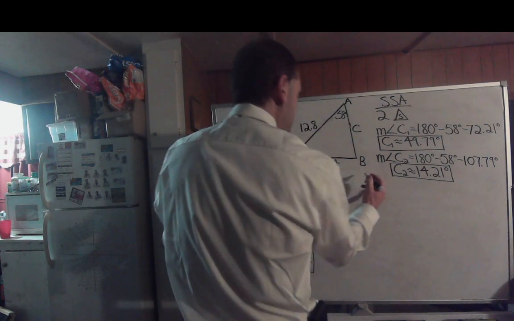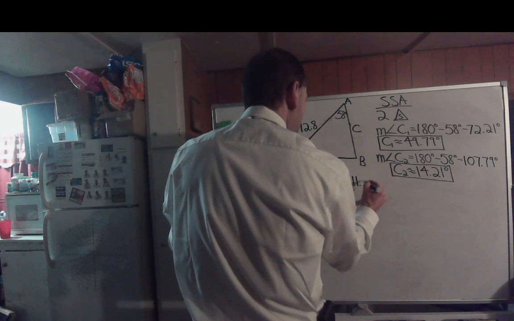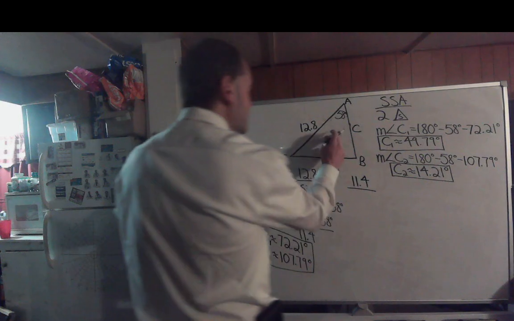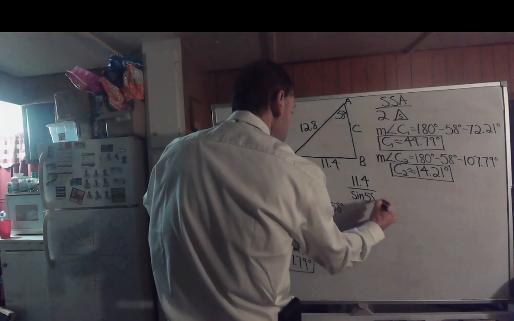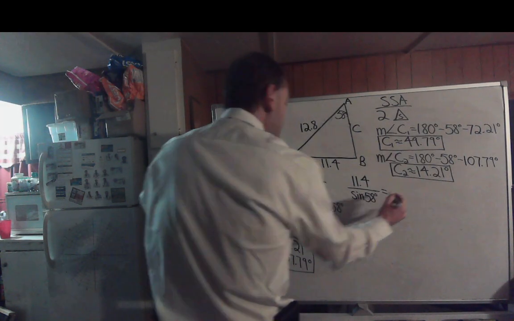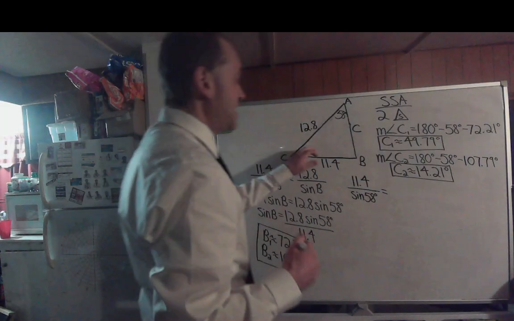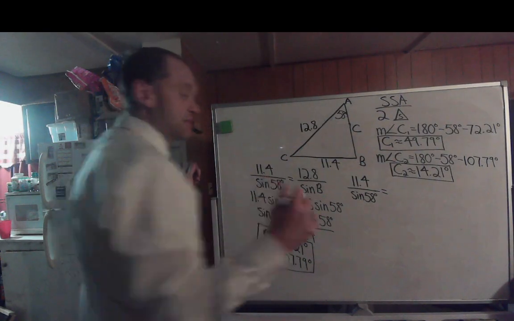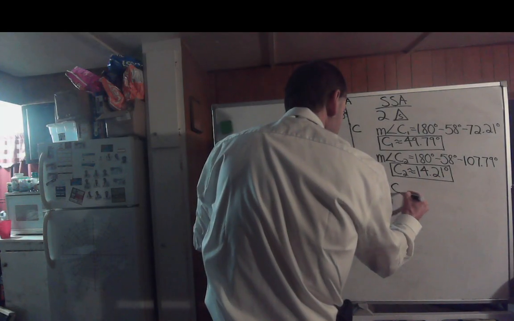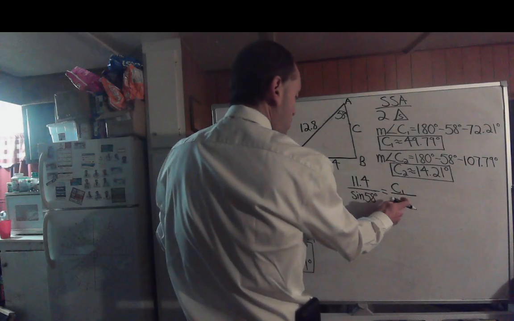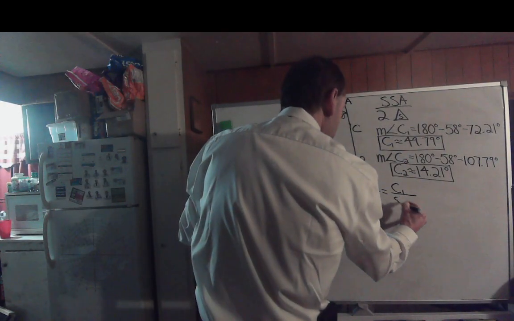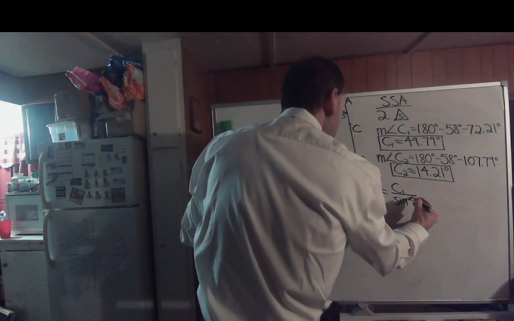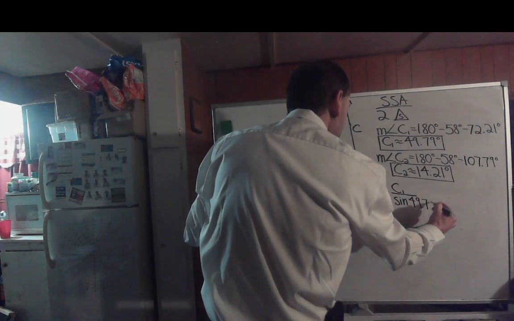So we can take that 11.4 all over the sine of 58 degrees, set that equal to C1, the first possibility for side C, all over the sine of angle C1, so that would be over the sine of 49.79 degrees.